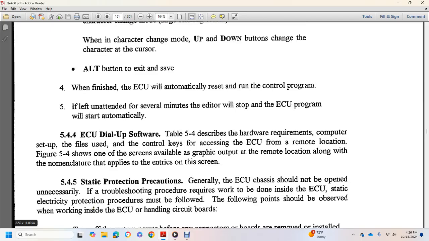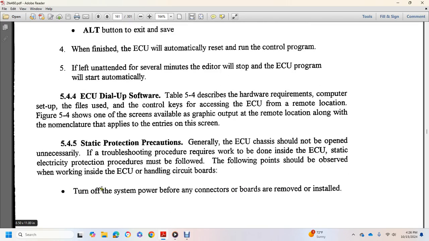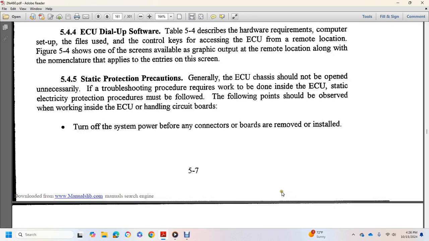Figure 5.4.5 Static protection precautions. Generally, the engine control unit chassis should not be opened. If troubleshooting procedures require work inside the engine control unit, static electricity protection procedures must be followed. The following points should be observed while working inside the engine control unit and handling circuit boards. Turn off system power before any computer boards are removed or installed.